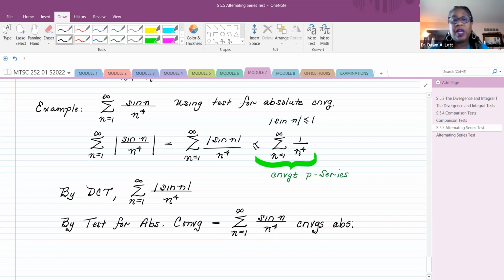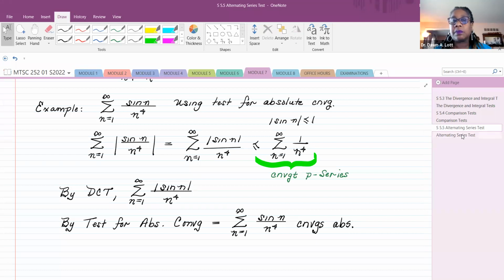So I used 2 tests for this. I took the absolute value, showed that it is less than something that converges. So I used the direct comparison test. And then I took that thing and said that because its absolute value converges, the original series converges absolutely.